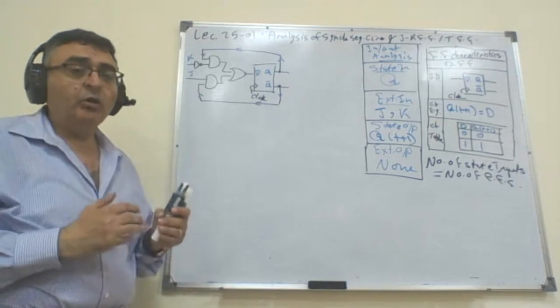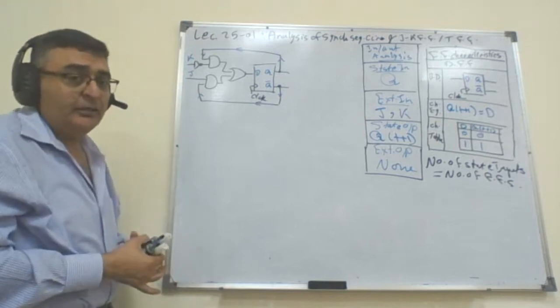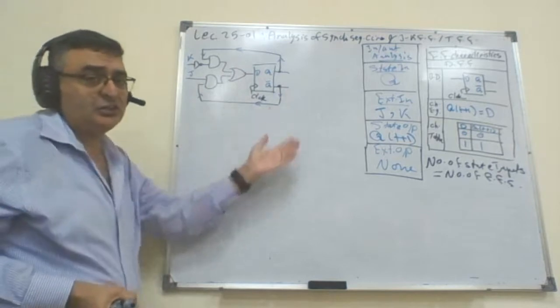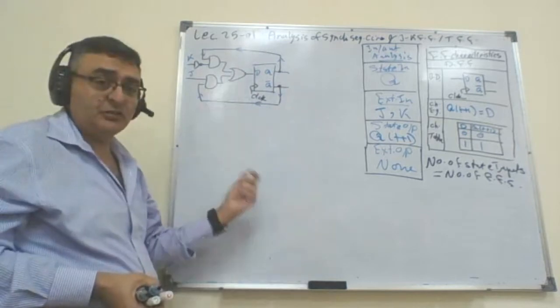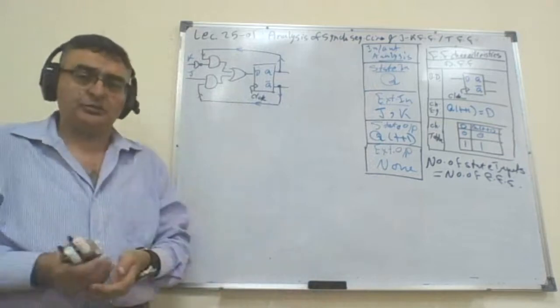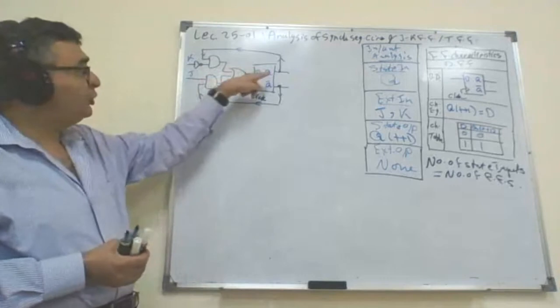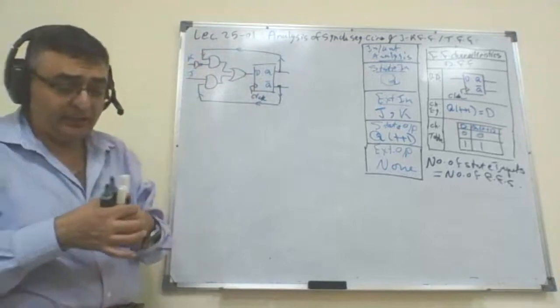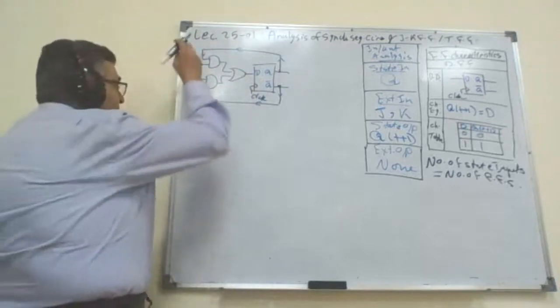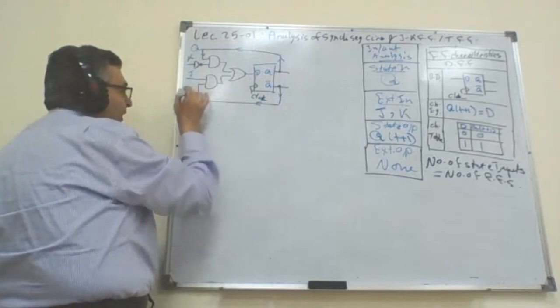All you have to do is understand that the outputs from the flip-flops are connected back to the inputs of the circuit, and we agree that those are actually inputs to the circuit. We call them state inputs. So the Q that is connected to the feedback here is simply an input, and the Q bar is also an input.